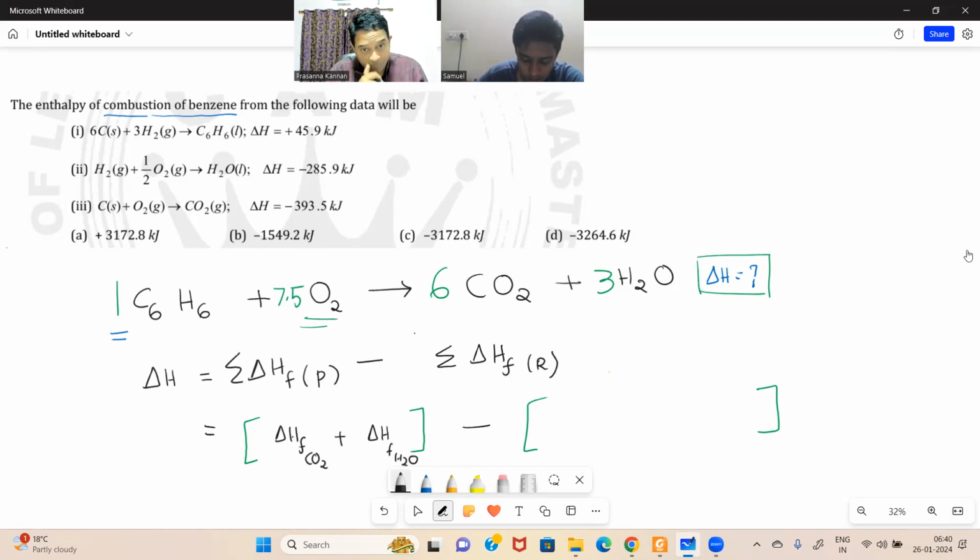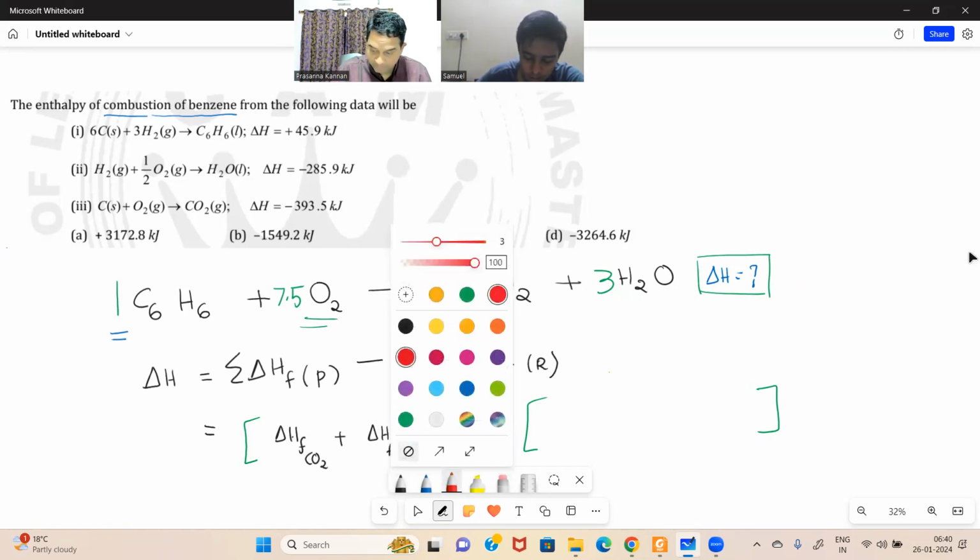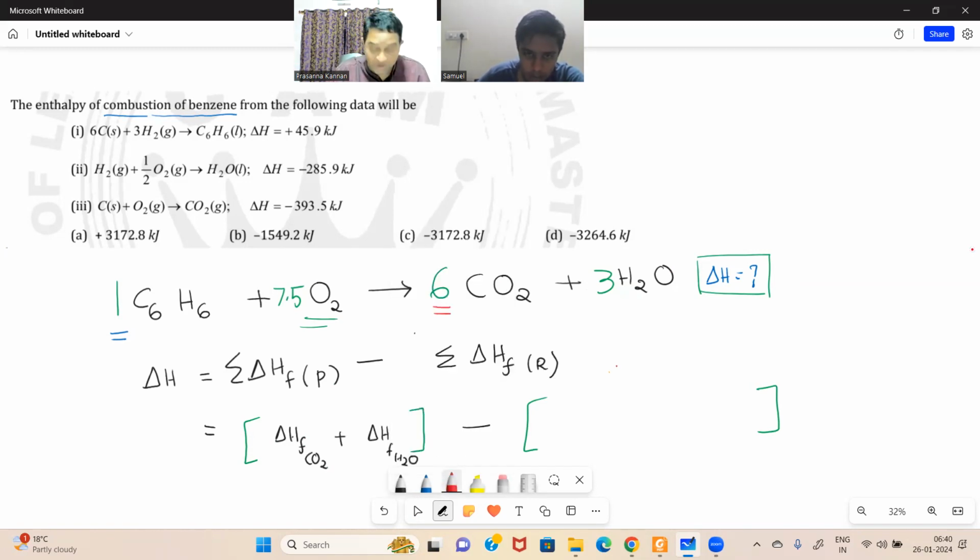Clear, Samuel? One thing you have to watch out for is how many moles there are. How many moles of carbon dioxide are there? 6. Whenever you say heat of formation, it refers to how many moles? Heat of formation is generally for 1 mole of that compound, right?